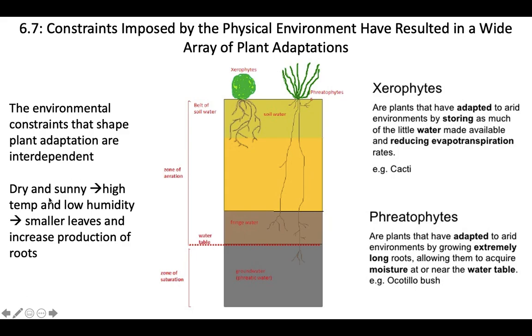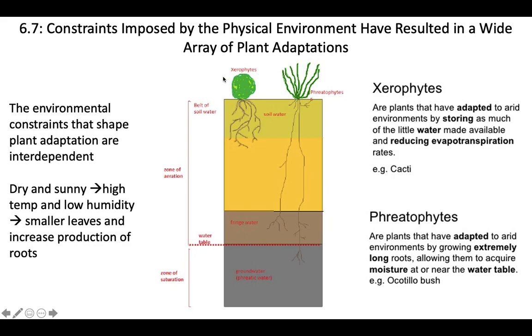In dry and sunny environments, like the desert, you have high temperatures and low humidity, and so you tend to also have smaller leaves and an increase in the production of roots, because the strongest limiting factor in the environment is going to be water availability, and so a lot of desert adapted species have these special adaptations for obtaining water in water poor environments.